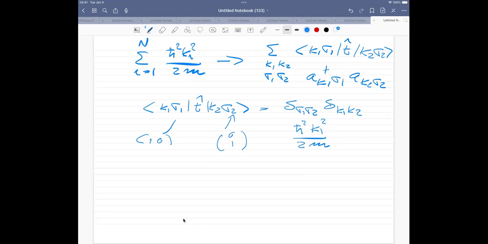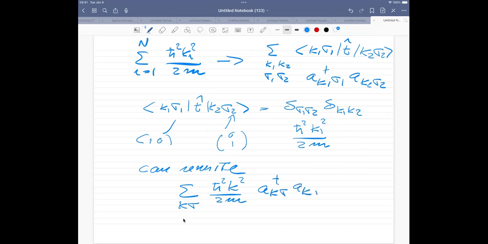So that means that I can rewrite the kinetic energy operator in second quantization simply as a sum over k and sigma, with this matrix element h-bar squared k squared divided by 2m, and this contains a_{k sigma} dagger a_{k sigma}.